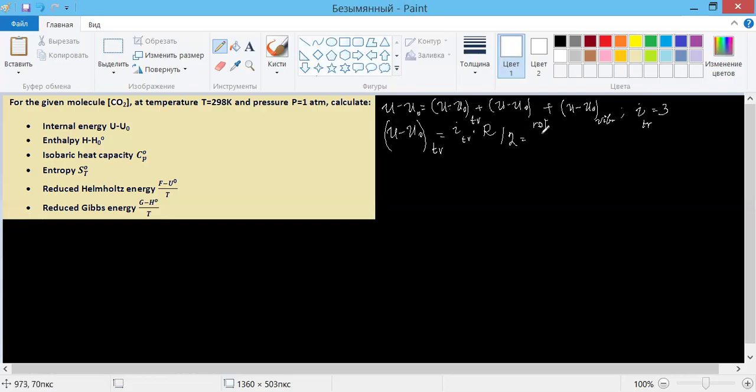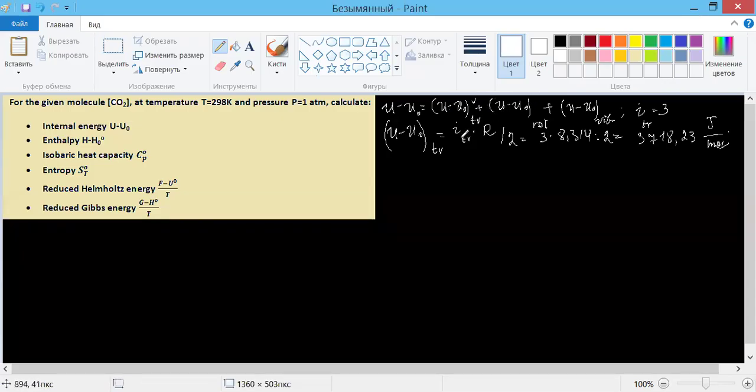Yes, and that means that we can calculate it right now. Remember the value of the gas constant, and it gives us the value of the translational component of the internal energy. It's 3,718.23 joules per mole. Okay, so we've done with it.